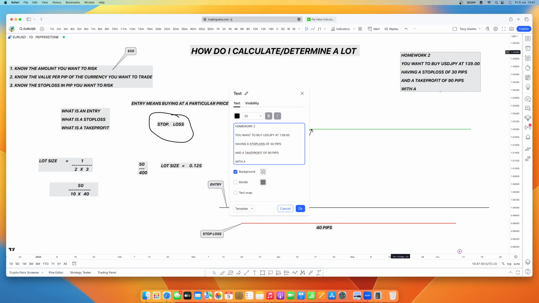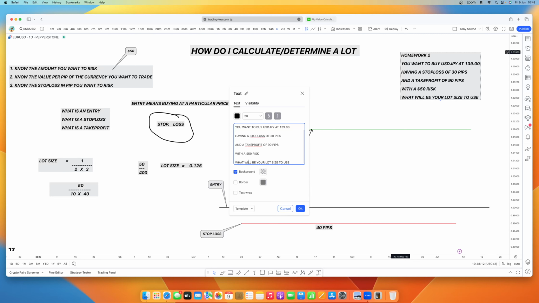So we're going to use $50 risk. What will be your lot size to use? Exactly. So your assignment, your homework, is: what will be the lot size to use?